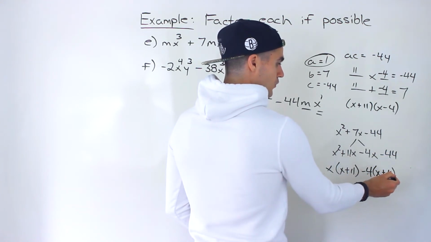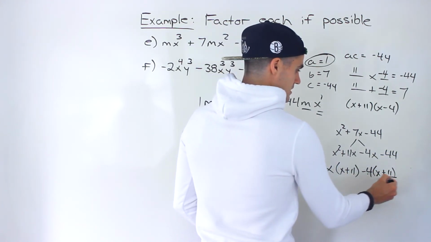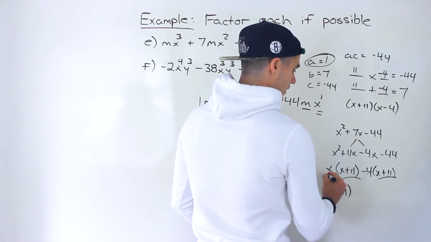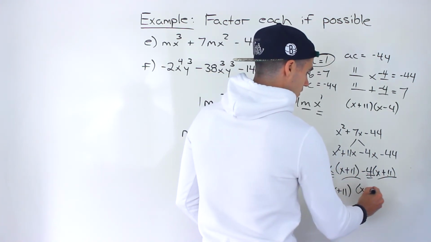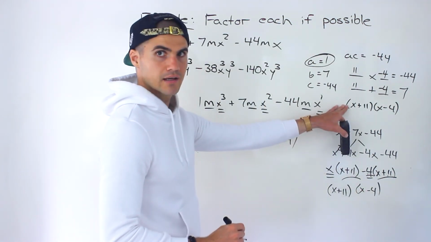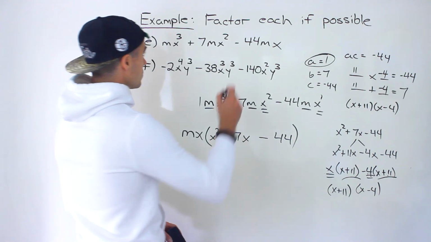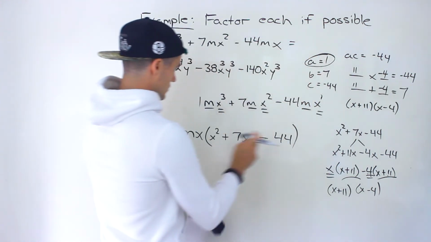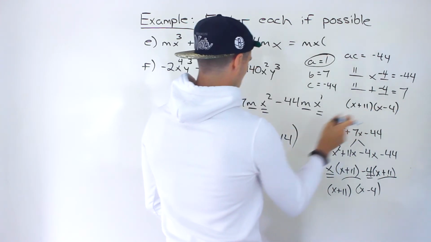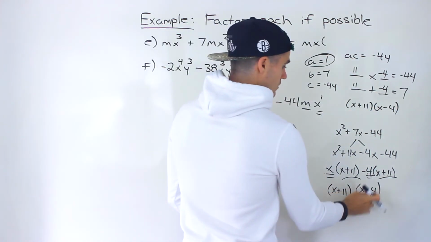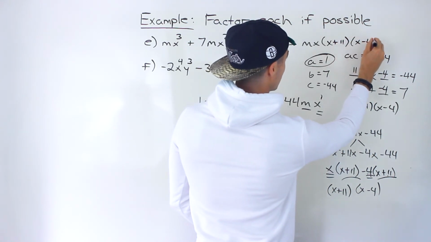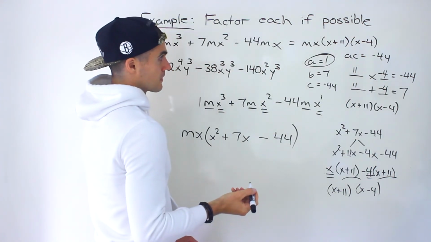This divided by negative 4 is positive 11. And as expected, these brackets should always be the same. Take out that bracket, and we're left with x minus 4, like that, as expected. All right, so part E factors, the greatest common factor was mx, and then that remaining quadratic here we factored into those two brackets. So it would be mx(x + 11)(x - 4), like that.